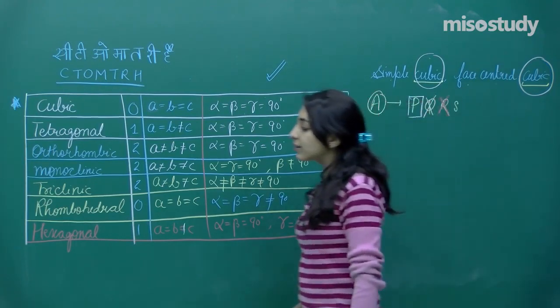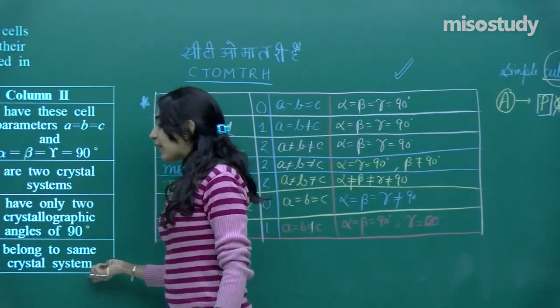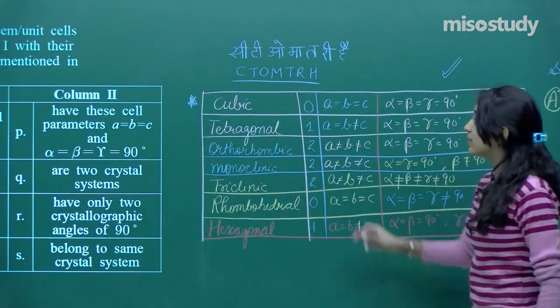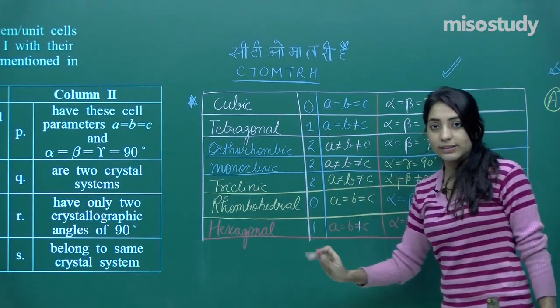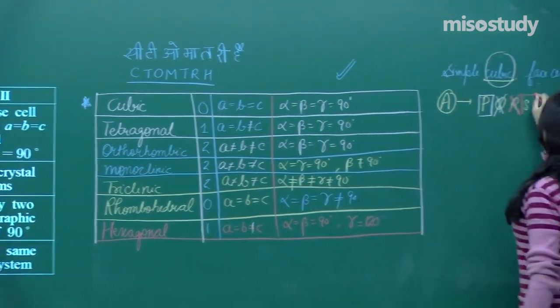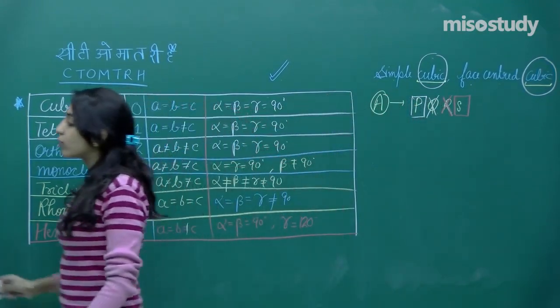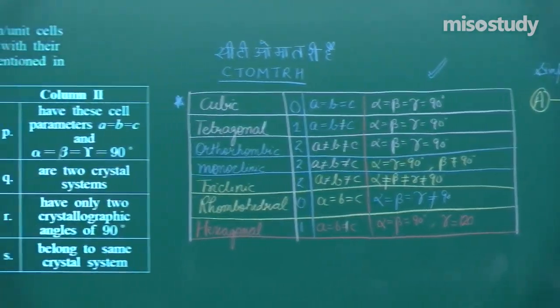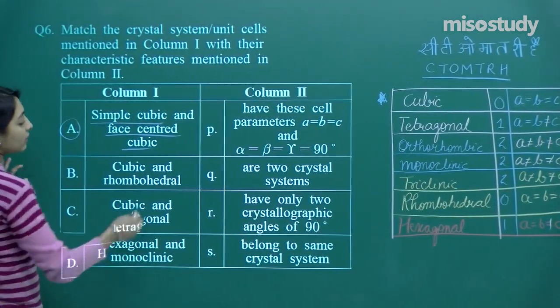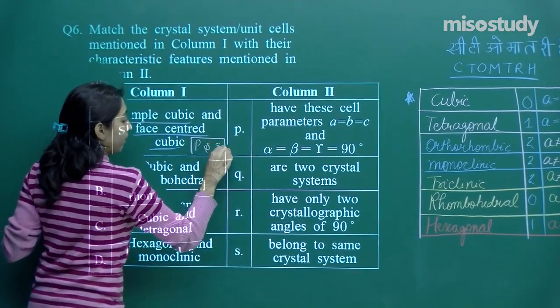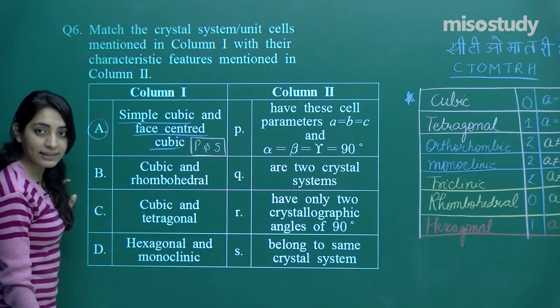Moving on to S. They belong to the same crystal system? Yes. So they actually belong to the same crystal system, which is the cubic unit cell. So even S will also be the answer. Okay. So for option number A, there are two answers: one is P and one is S.